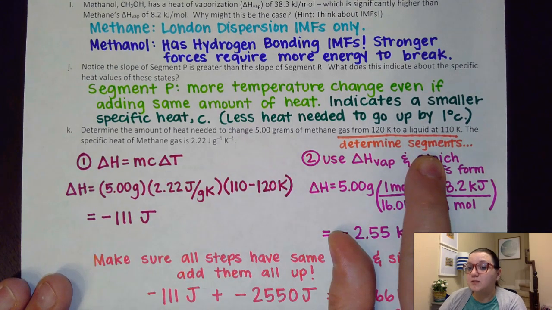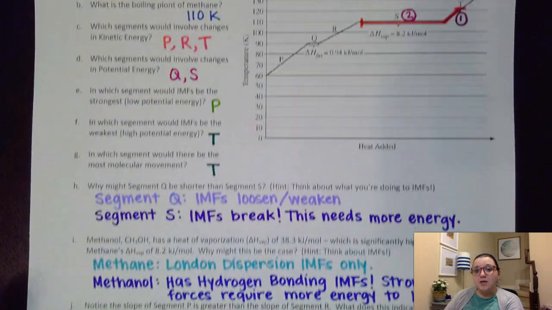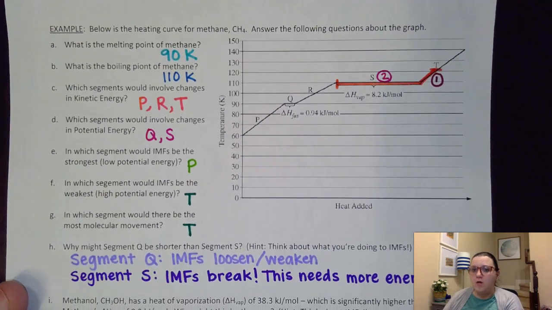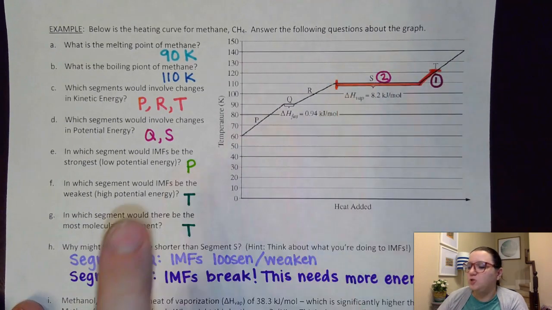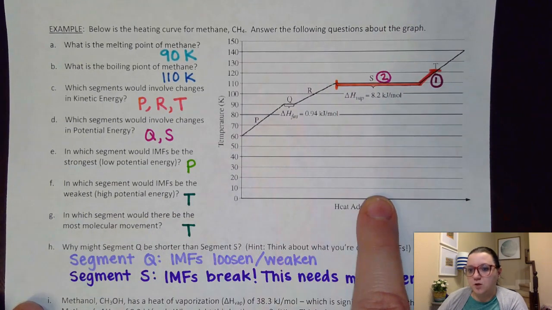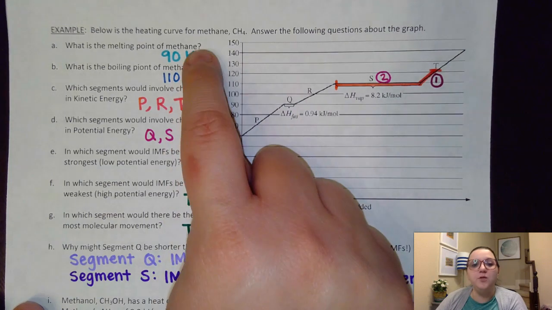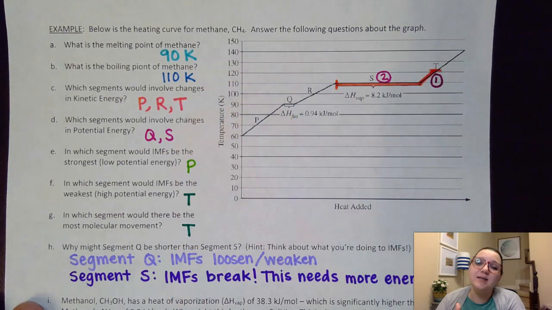If for some reason they didn't give me my heating and cooling curve, the first thing I would do is draw a sketch of this. If they don't give you a sketch, they should share the melting and boiling point, unless it's a substance we already know the melting and boiling point of, like water. Hopefully we know that water is 0 degrees Celsius and 100 degrees Celsius.